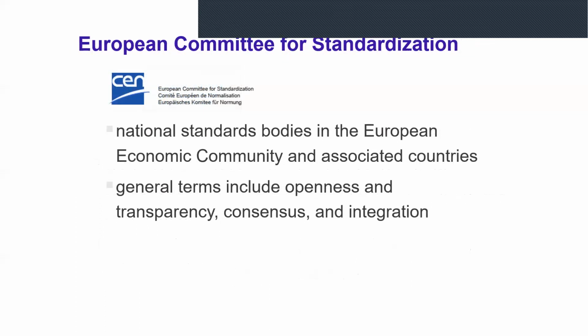And then the European Committee for Standardization. It is basically for the European community and its associated countries. It has general terms that include openness, transparency, consensus, and integration. It can be used in other countries, obviously, because the Europeans have been everywhere.